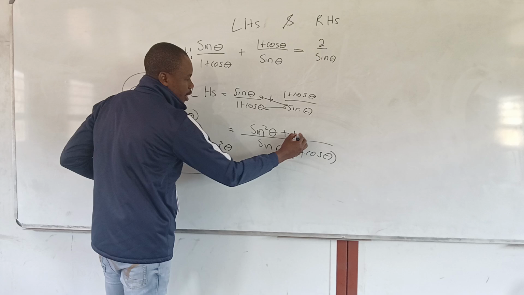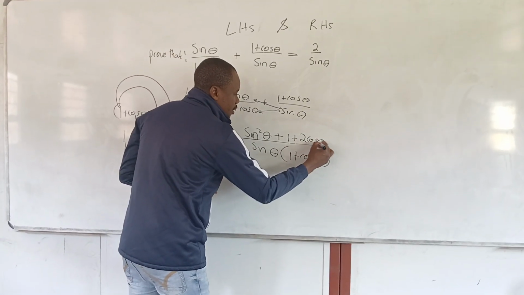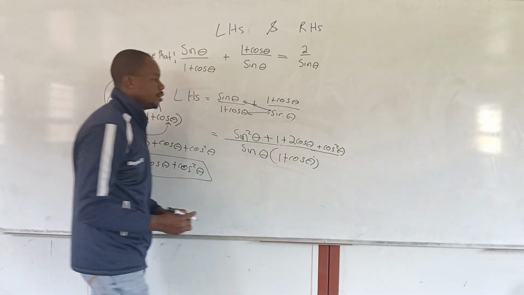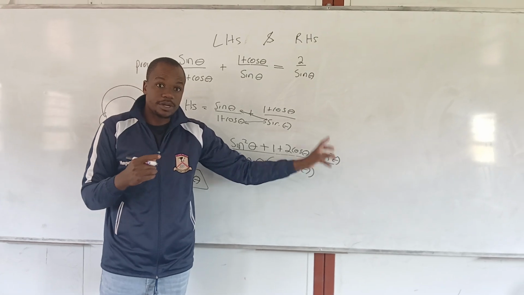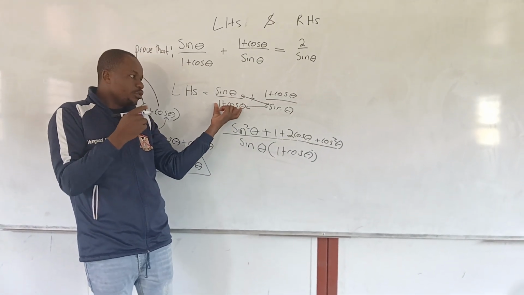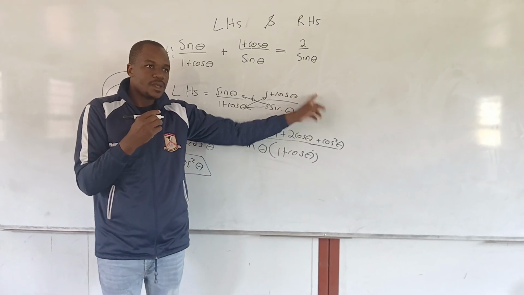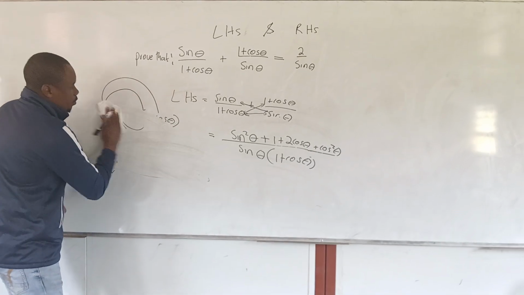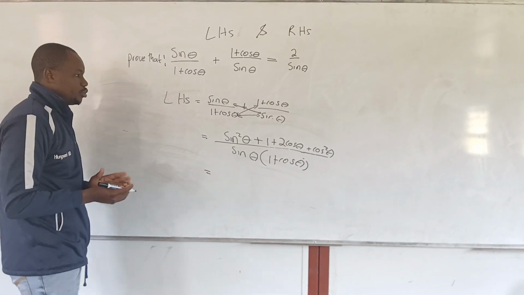It's basically 1 plus 2 cos of theta plus cos squared theta. So 1 plus 2 cos theta plus cos squared theta is the multiplication of this denominator by the numerator here. And then from this part now, you can solve.